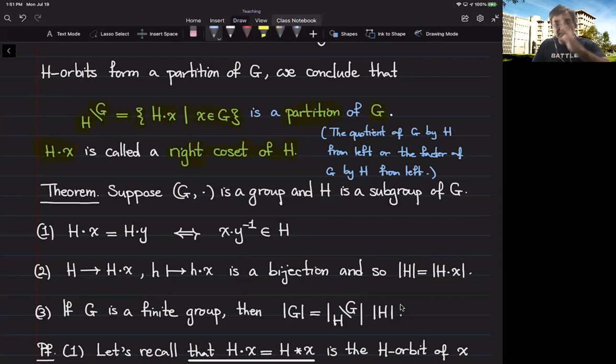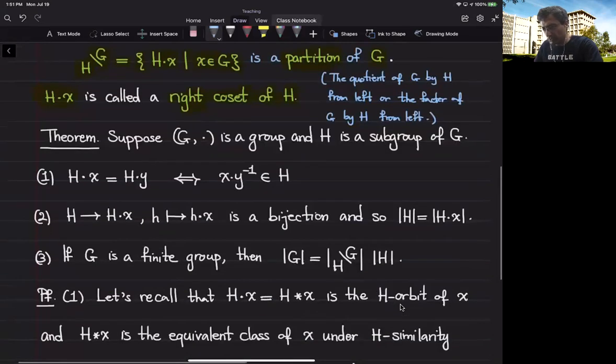And the left quotient, that means I'm letting H act on this from left. So elements of H are multiplied by elements of G from left. That's why I'm calling it left quotient, or quotient of G by H from left.